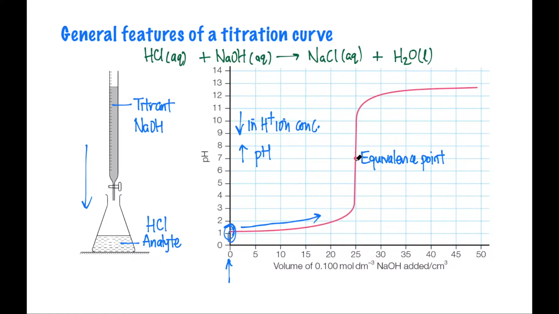And reading from the graph, we know that 25 cm³ of sodium hydroxide is required for the neutralization. At the equivalence point, we only have salt and water, and we know that the pH will be neutral.